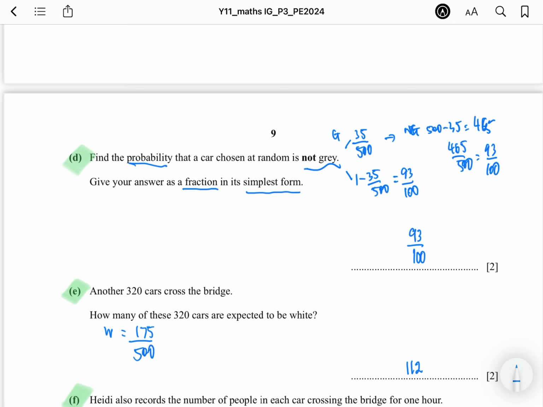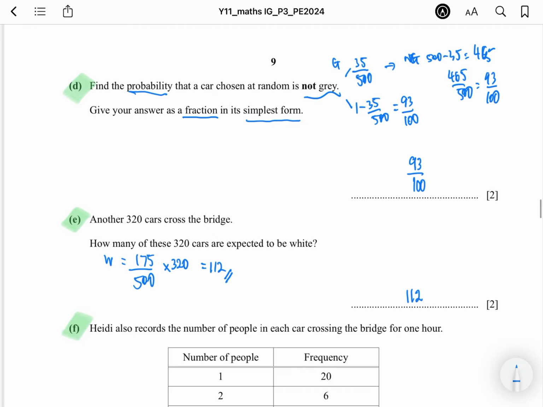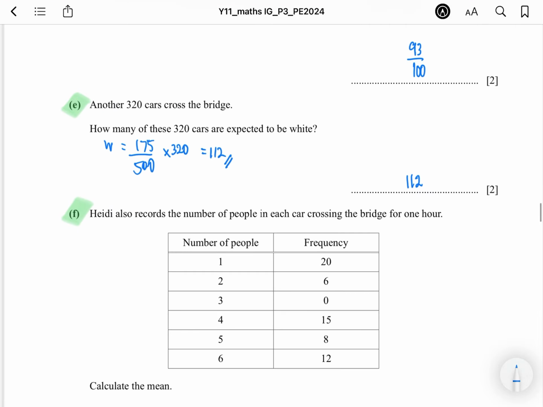So that means if you want to find how many of the 320, you just multiply that fraction with 320 using a calculator, and you will get 112, and that is how you get 112 as your final answer. You find the fraction of white, multiply by how many cars.